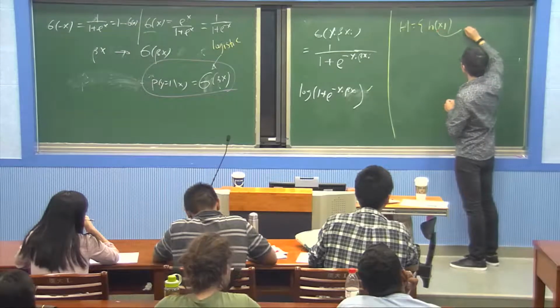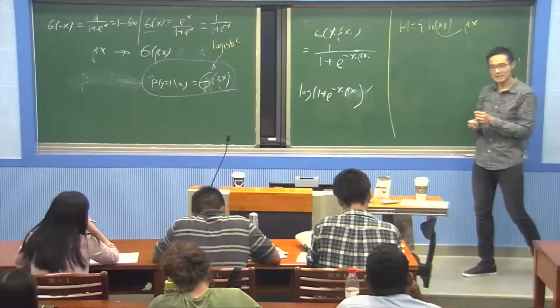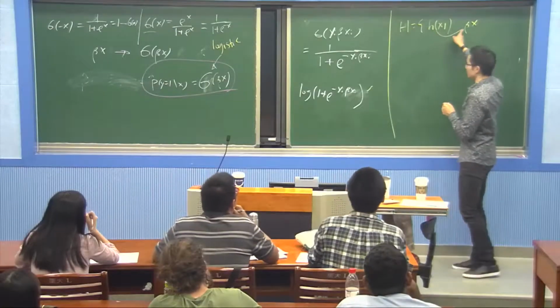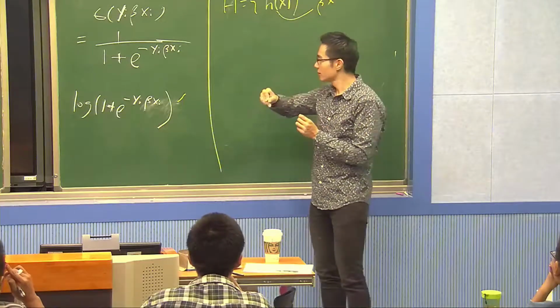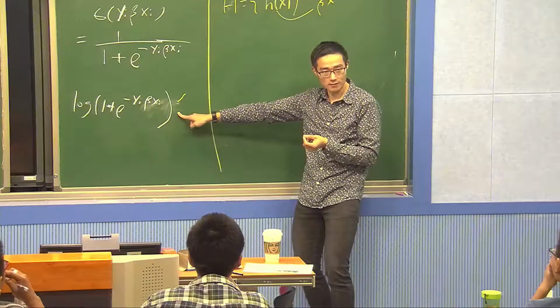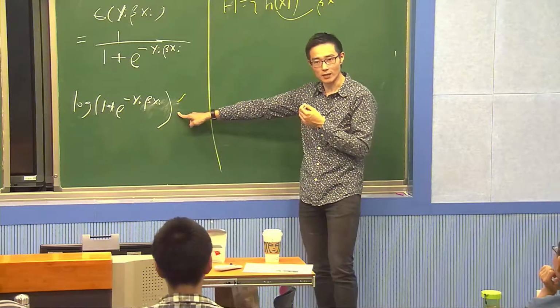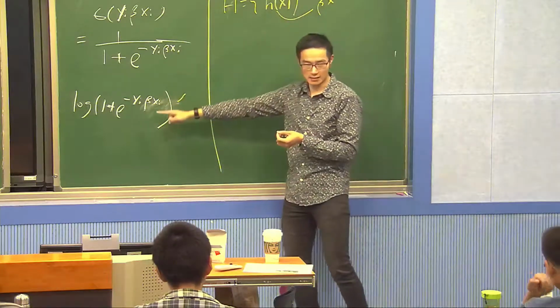H is a bunch of hypotheses, and each hypothesis is a beta x. So we can think about logistic regression as a linear model as well, because this is a linear model. But instead of minimizing the L2 loss function, I am minimizing this loss function, which is called the cross entropy loss. That's another way of thinking about logistic regression, which is a linear model that minimizes this.